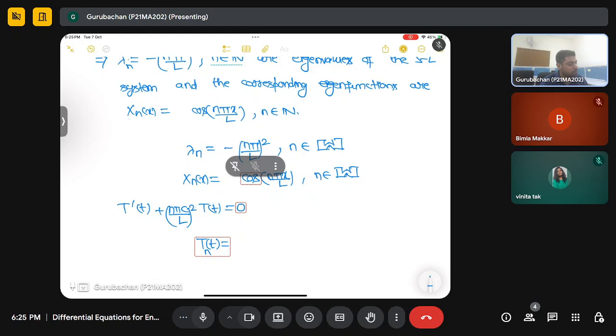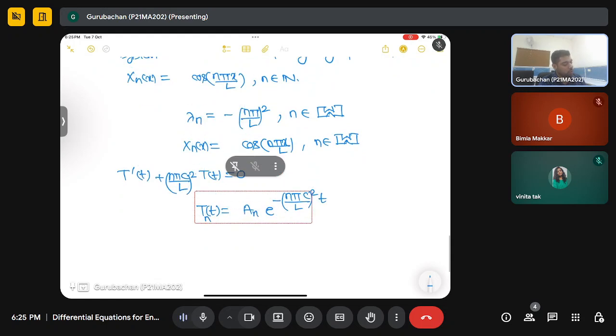So it will give you e to the power minus (n pi c by l) whole square t. If you write any u_n(x,t), this is X_n(x) T_n(t).